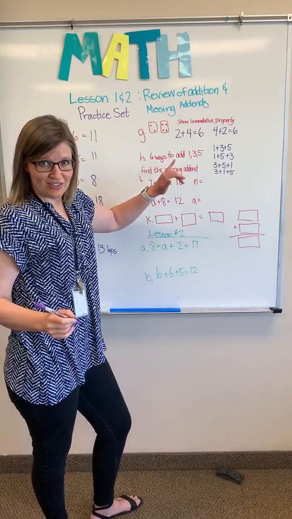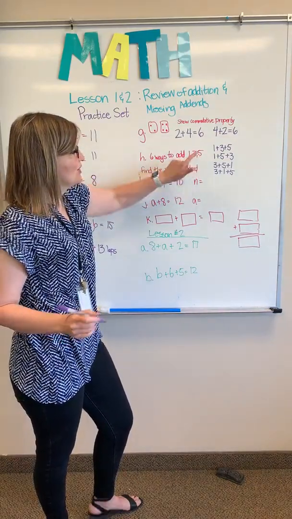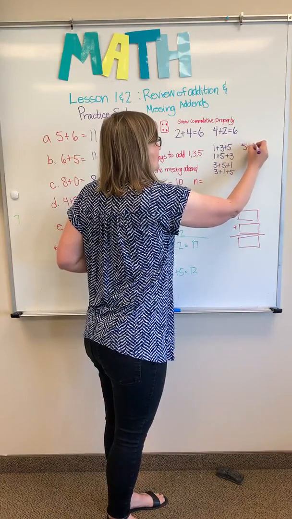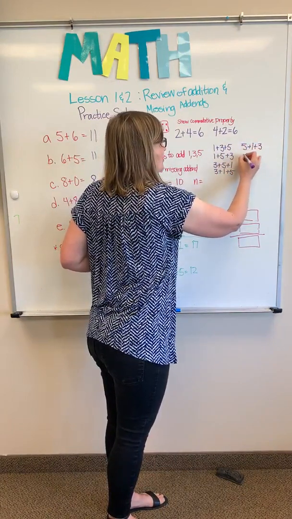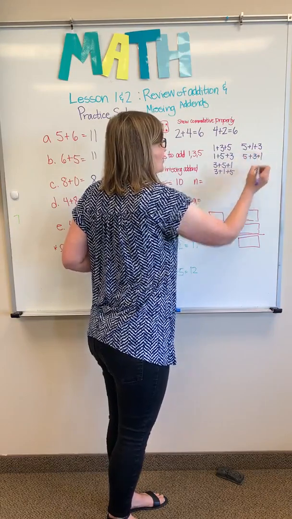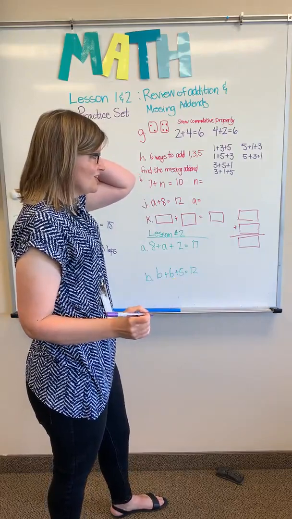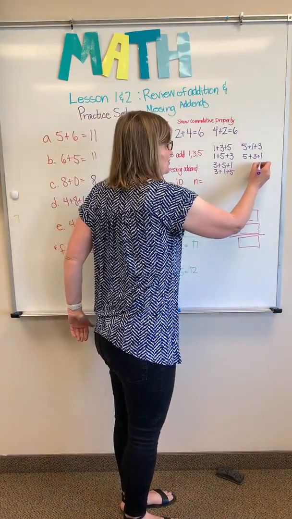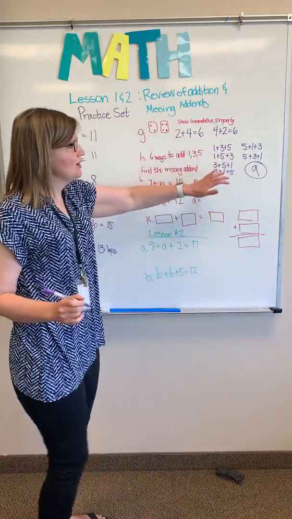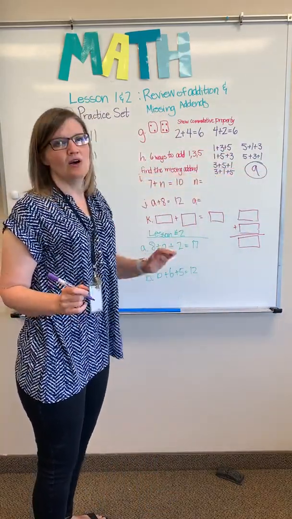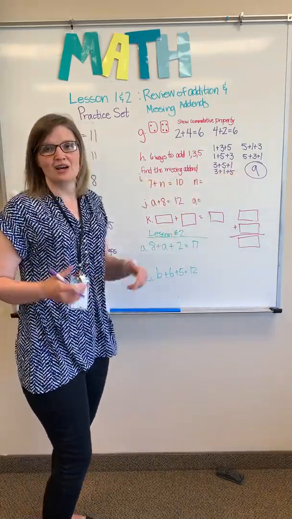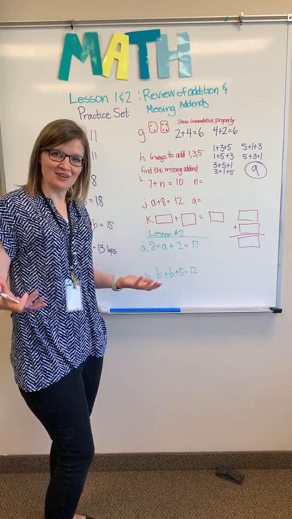Are we finished? No, we still have 5 where it can be at the beginning. 5 plus 1 plus 3, or 5 plus 3 plus 1. And each one of these are all going to total up to the number 9. So we can do them in any order. They will still always, because of the commutative property of addition, come to the same answer.